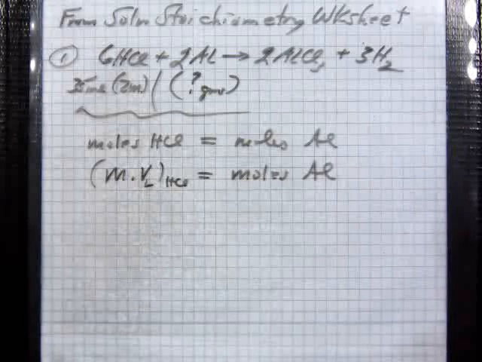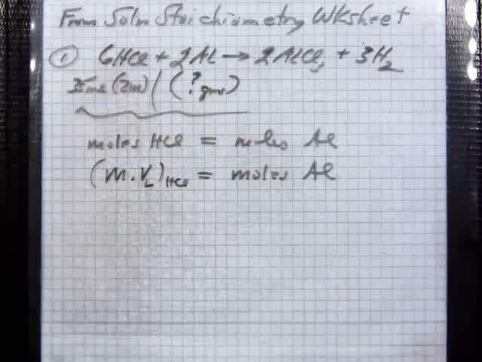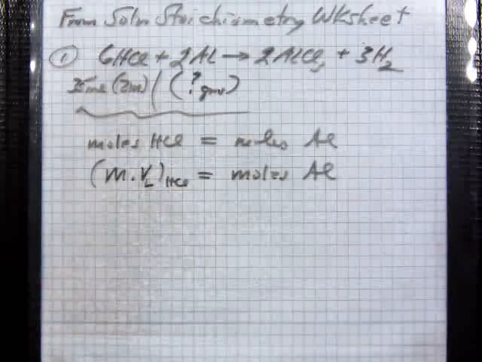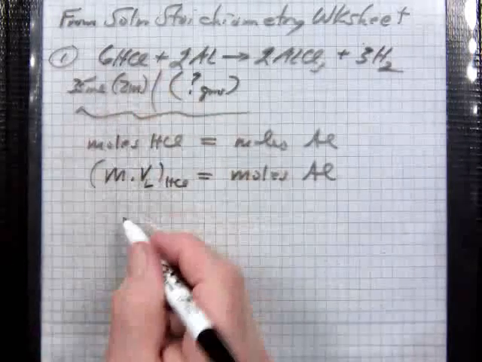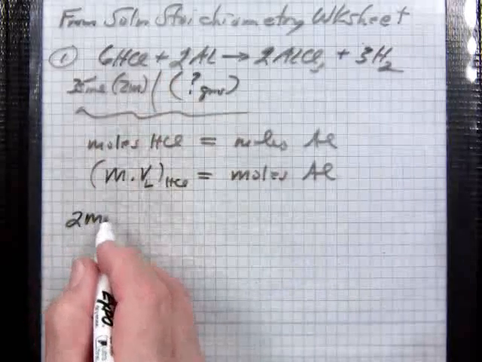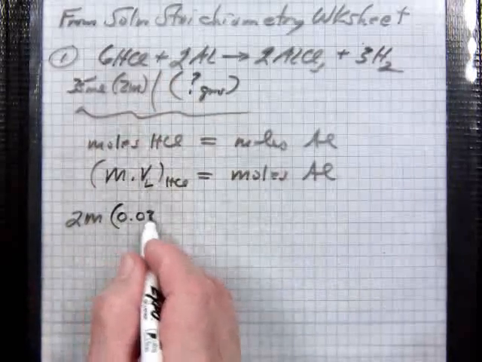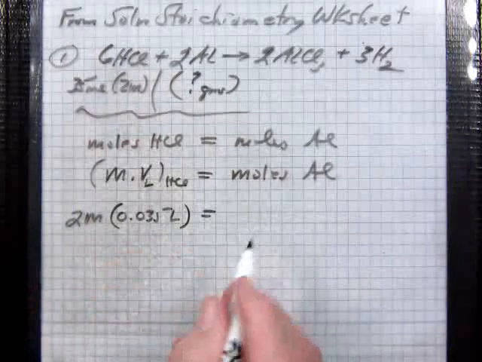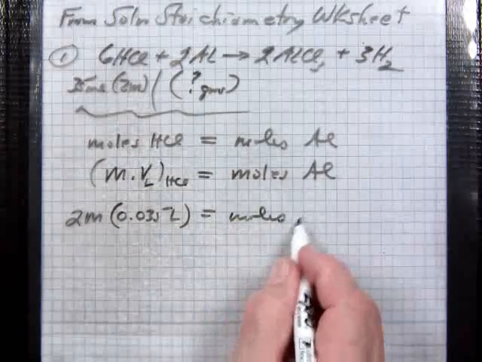Let's see what we got. So from the data given, moles of HCl, that would be 2 molar times 0.035 liters is going to give me the moles of aluminum.